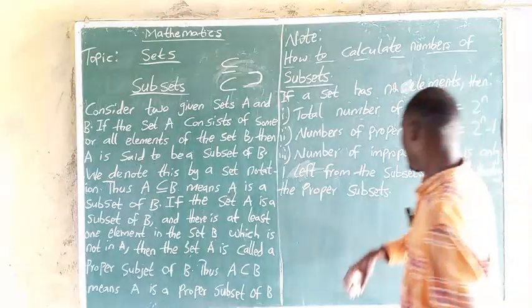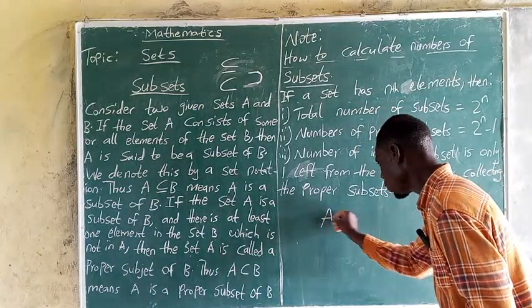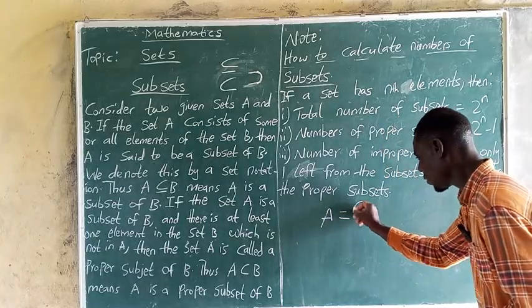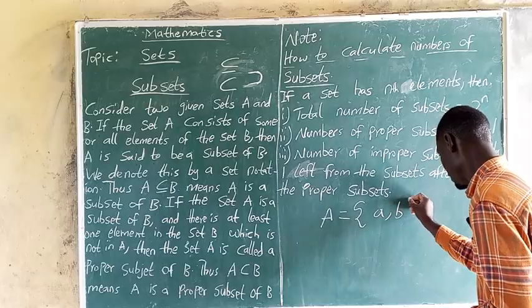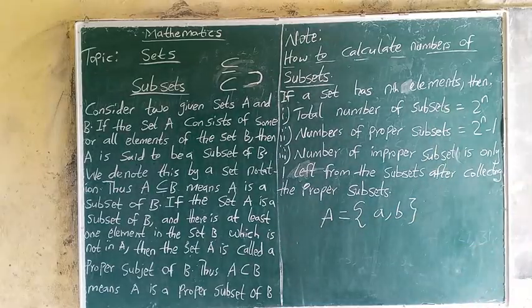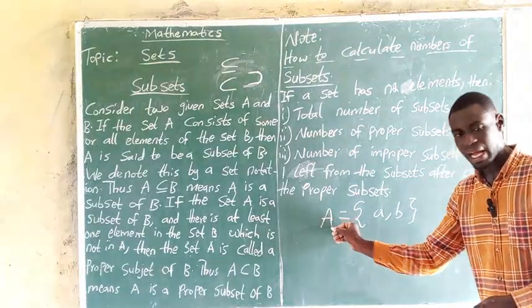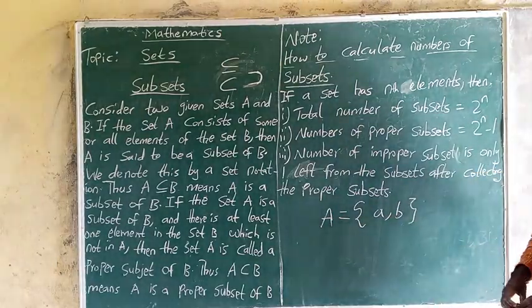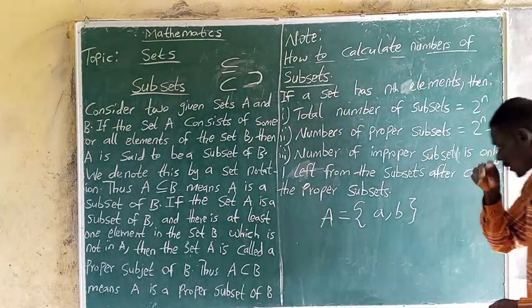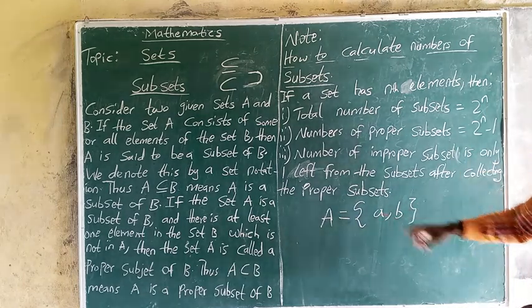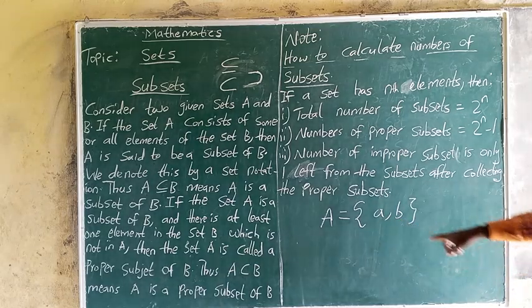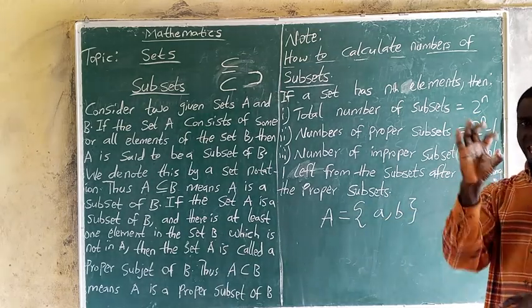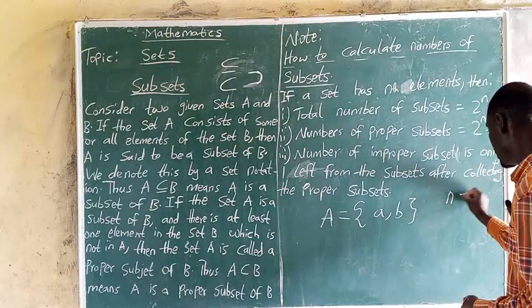For example, let's assume set A is equal to {a, b}. Let's just take only these two. This shows that the mother gave birth to 2 children. How many elements are there? It's 2. So this number of elements is your n. The n you see there is 2.